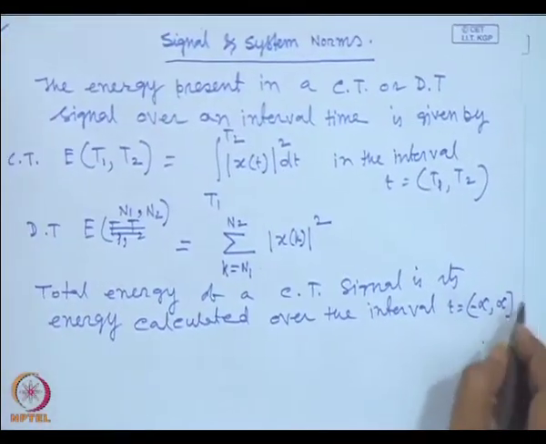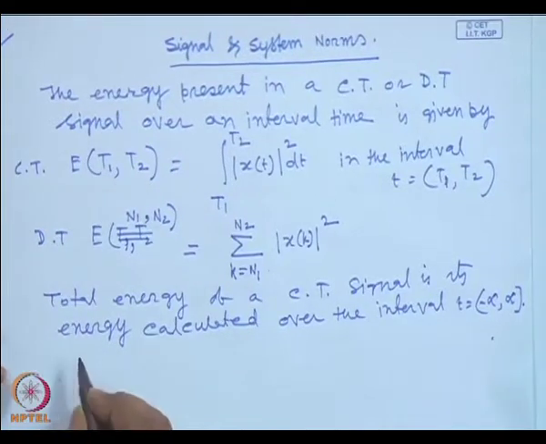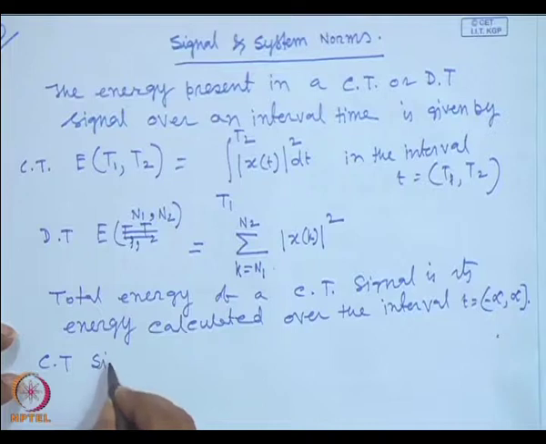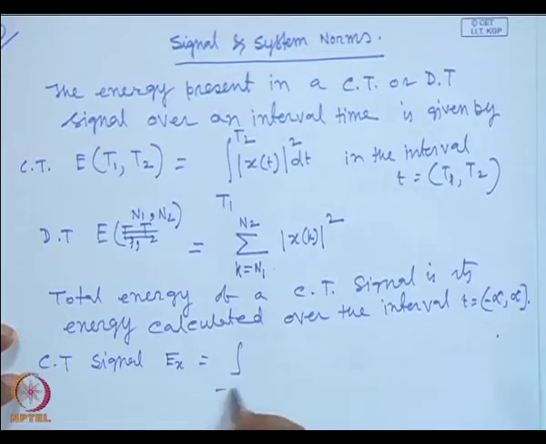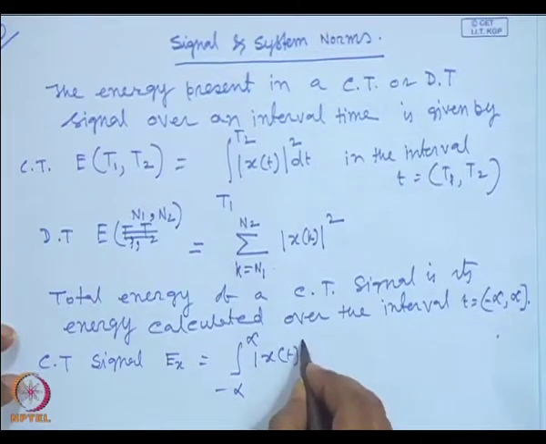So, in the continuous time case, we denote the total energy of x over the interval minus infinity to plus infinity. The expression is the same, only the integration limits are changed.